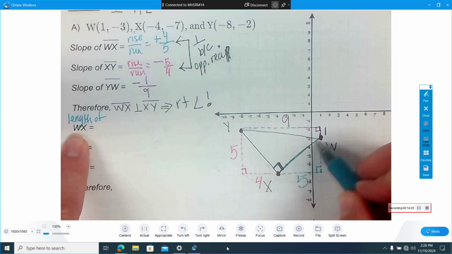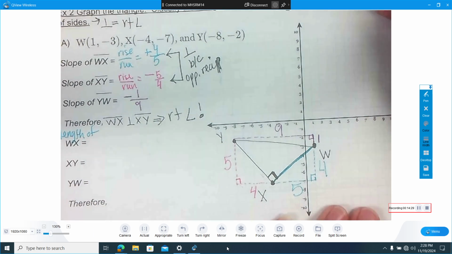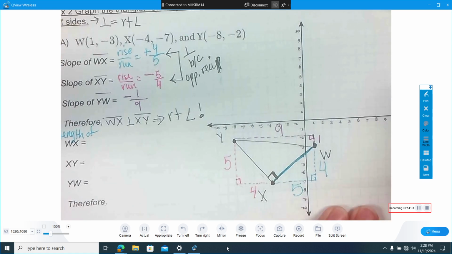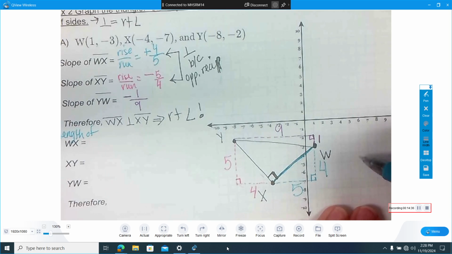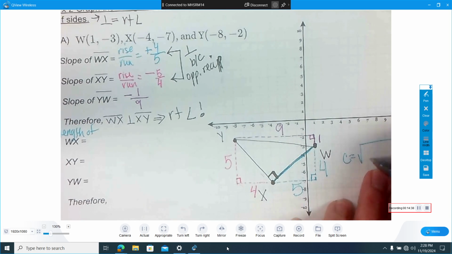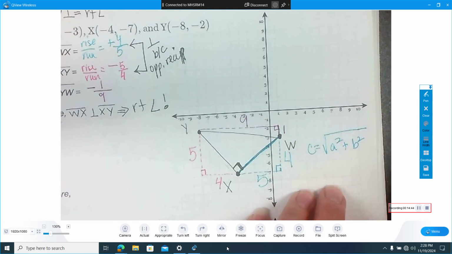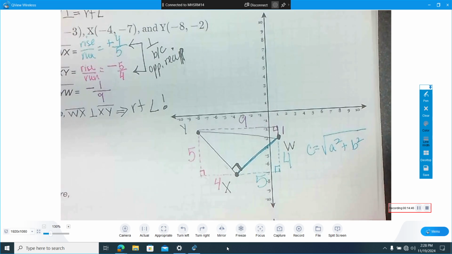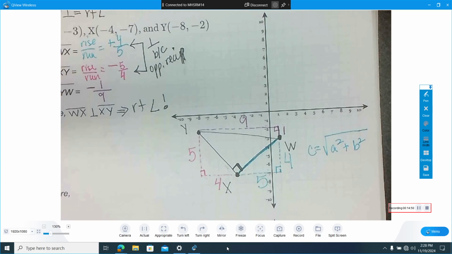So we want to find the length of this line, and as Wyatt said, we can use the Pythagorean theorem to find a slanty length. All we have to do is do the square root of leg squared plus leg squared.